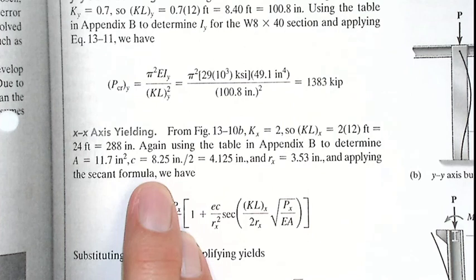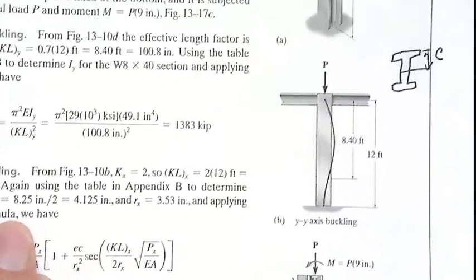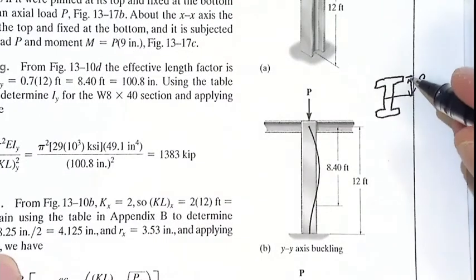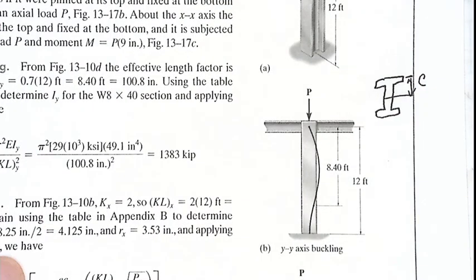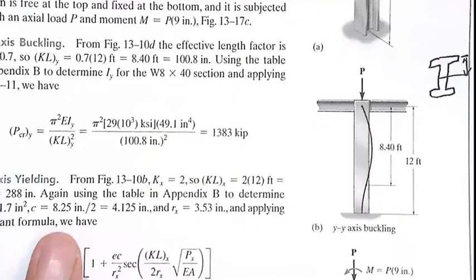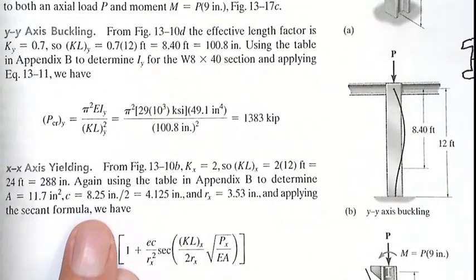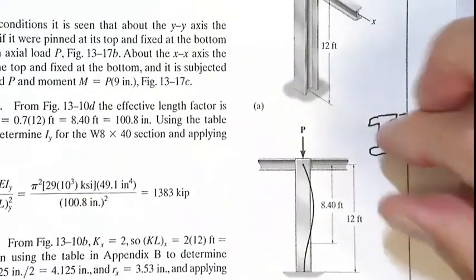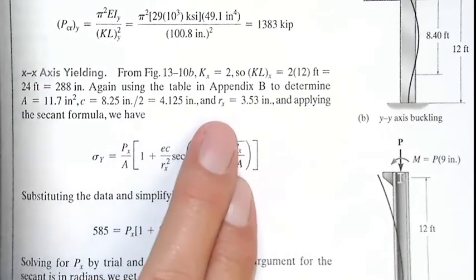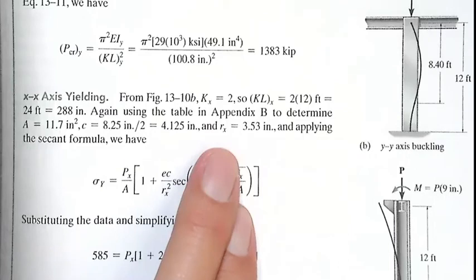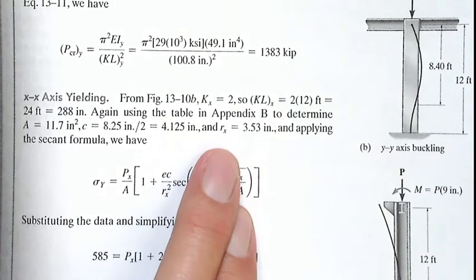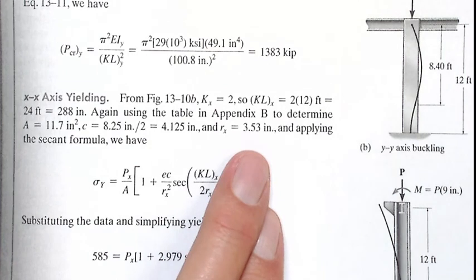That is c, 8.25 inches over 2, that is the whole depth divided by 2. Therefore, the radius of gyration equals the square root of I over A, equals 3.53 inches.